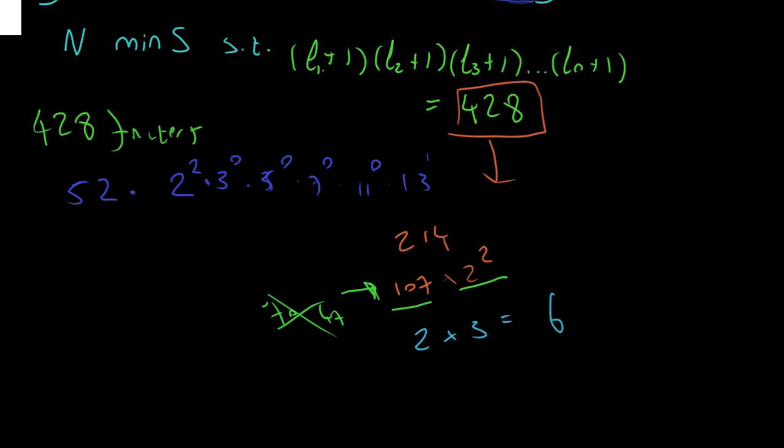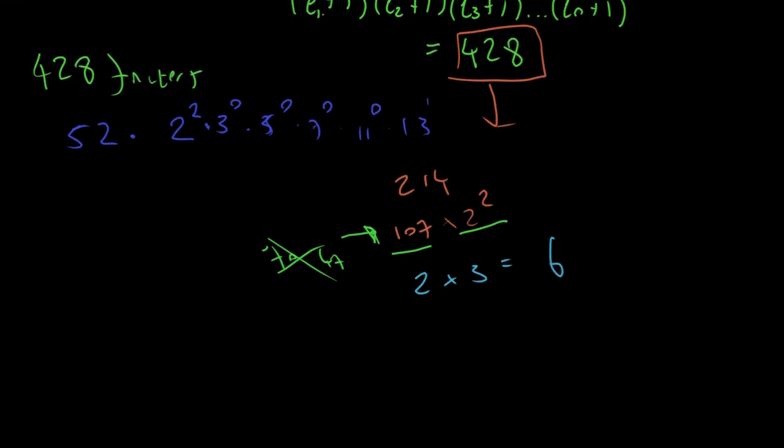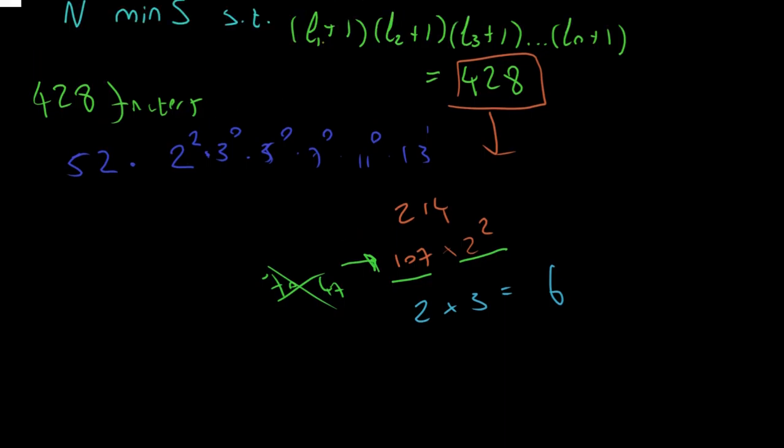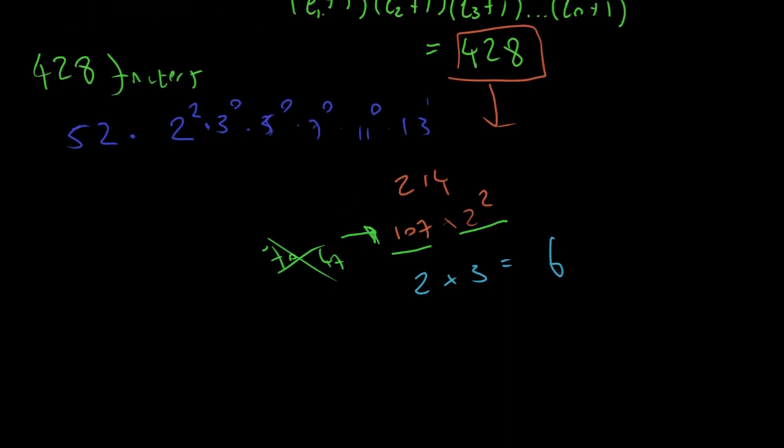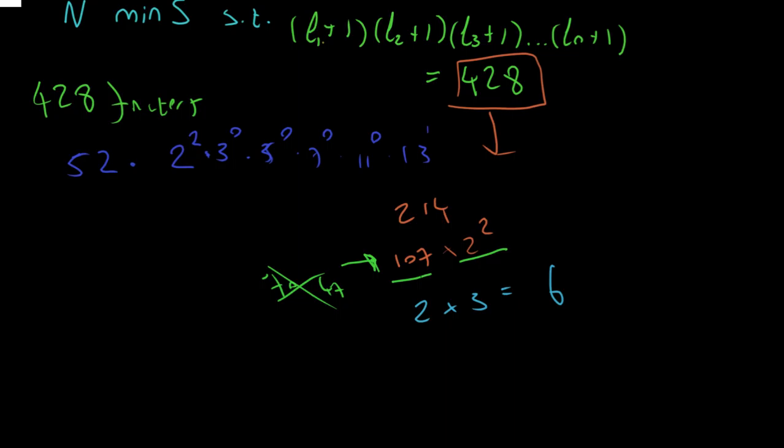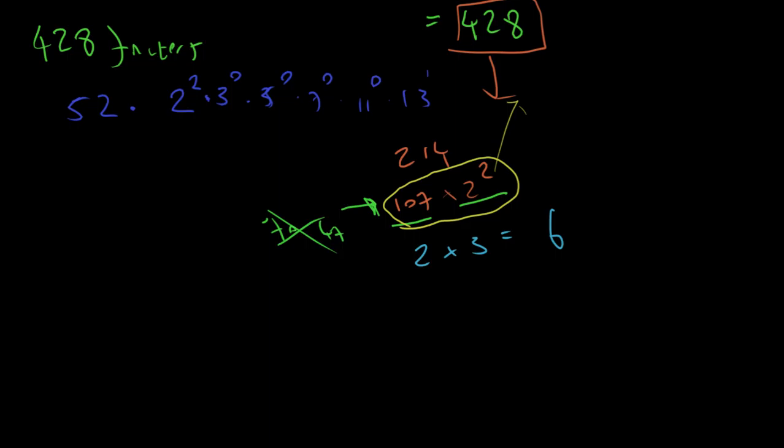Wait a minute. Oh, this is a different problem, right? We have 107, and then we need to make this number 428 somehow. So I can't choose 107 to the power of 0, because then how would I make this number? So surely this has to be 1.